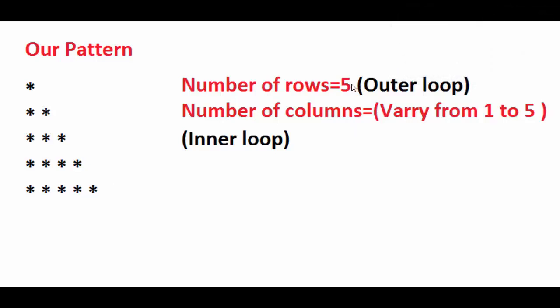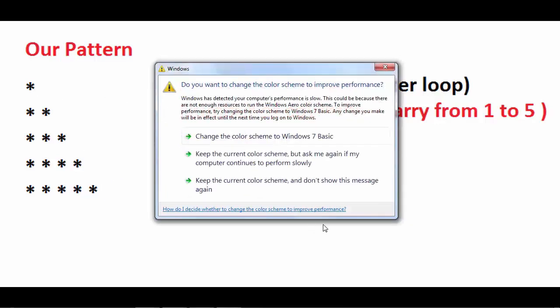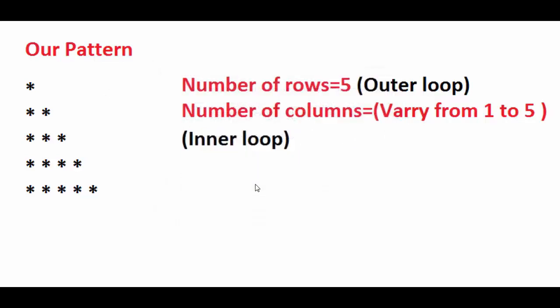So our outer loop will execute 5 times and the inner loop will vary from 1 to 5, so that it will print 1 star in the first row, 2 stars in the second row, and so on. Let's do it practically.